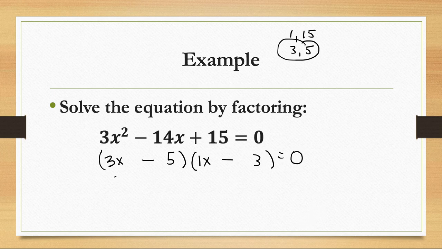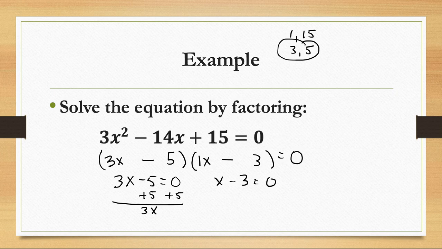So remember, the last step is to take each term and set it equal to 0. All right, we're going to solve these for x. So I'm going to begin here by adding 5 to both sides. That's going to give me 3x is equal to 5. And then I will divide both sides by 3.